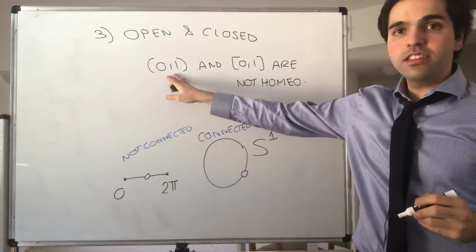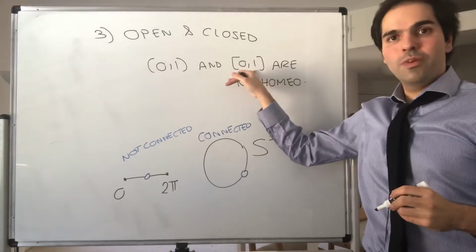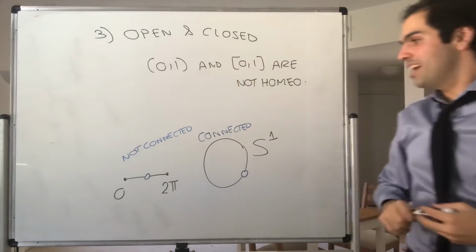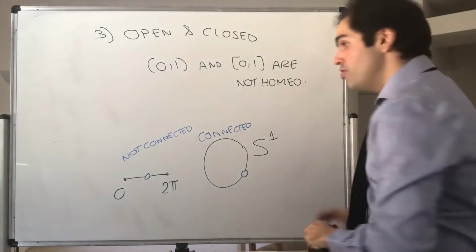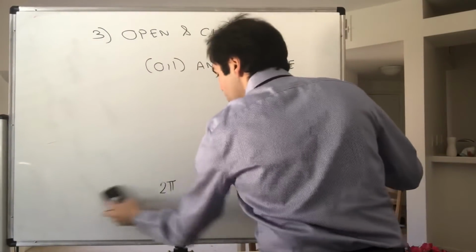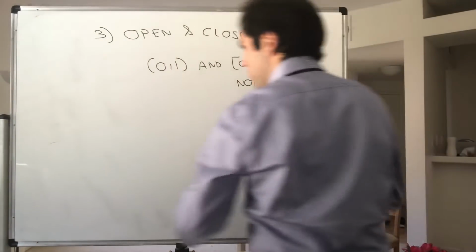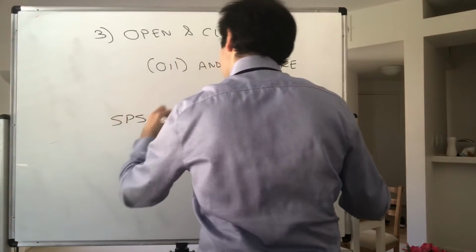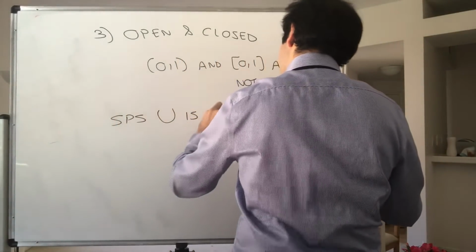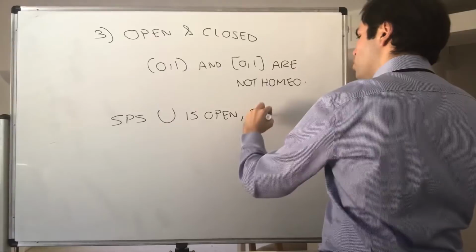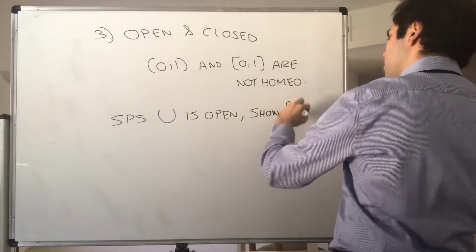Because, well, this is open, so this should be open, but it's not. And let me just quickly prove this. So suppose U is open. Okay. And what we want to show is F of U is open.